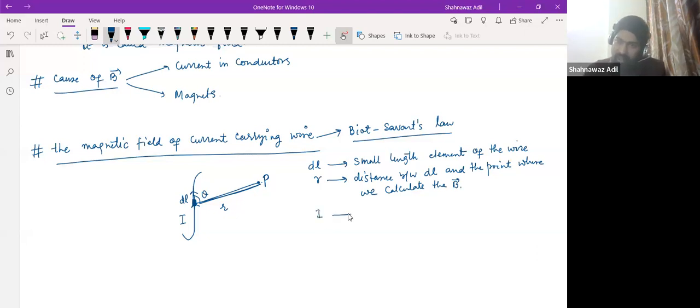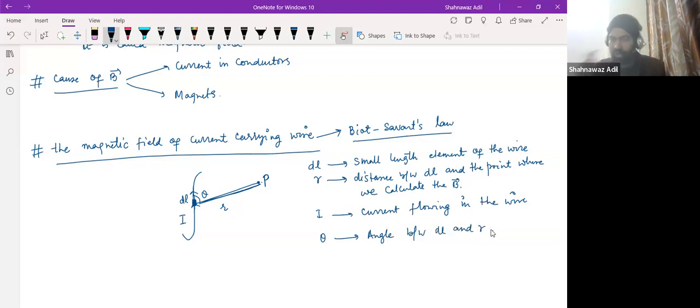This I is the current flowing in the wire. And this theta is the angle between dl and r. These are the things that we are focusing on. At this point P, we are calculating the magnetic field.